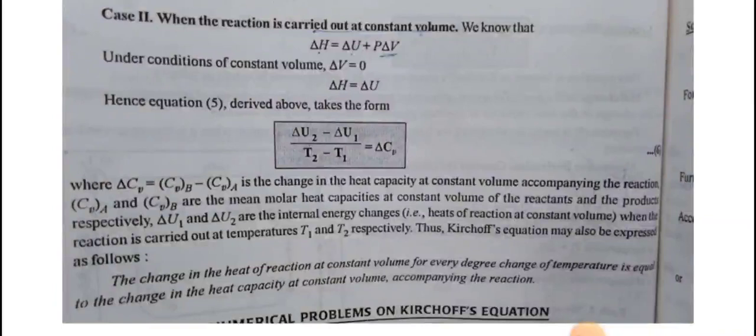Cva and Cvb are the mean molar heat capacities at constant volume of the reactants and the products respectively. Delta U1 and delta U2 are the internal energy changes, that is, the heat of the reaction at constant volume when the reaction is carried out at temperatures T1 and T2 respectively.